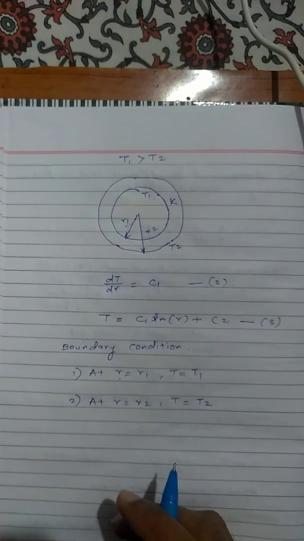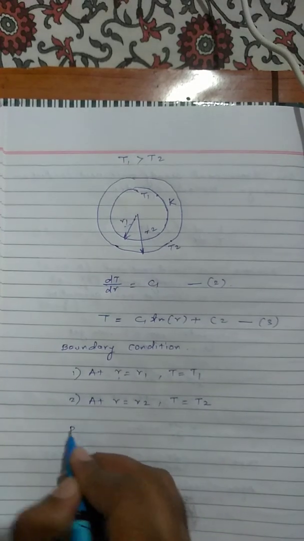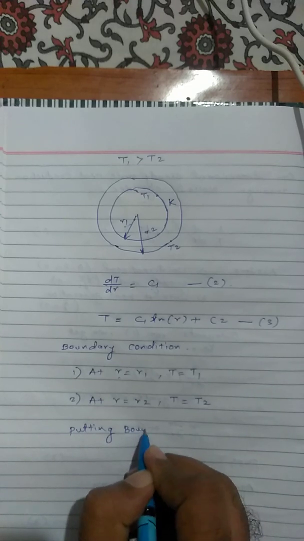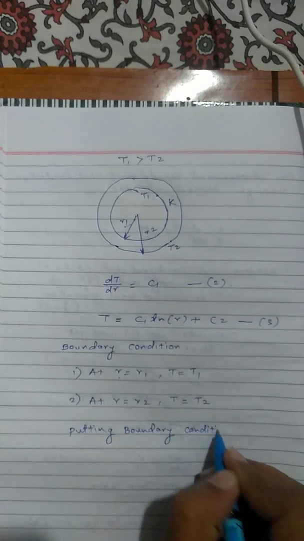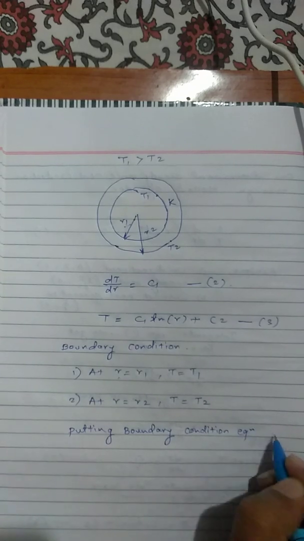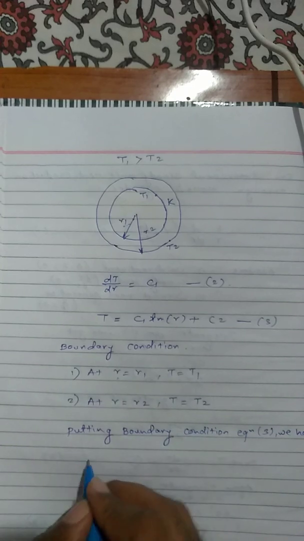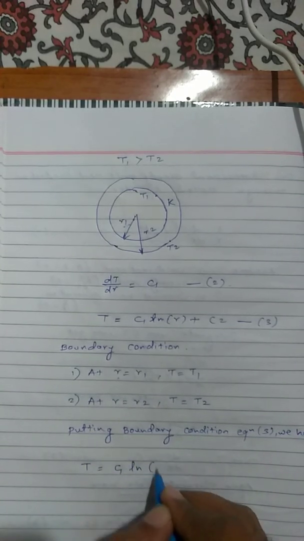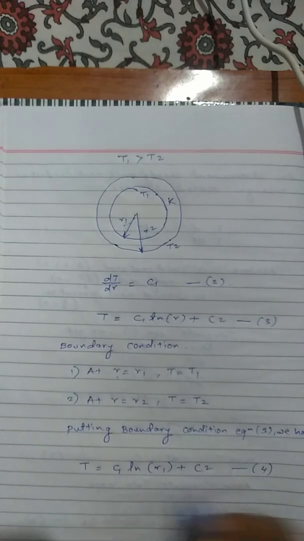Now after getting these boundary conditions, what we are going to do is put the boundary conditions in equation number 3. So we have T1 equal to C1 ln of r1 plus C2. This will be the fourth equation.